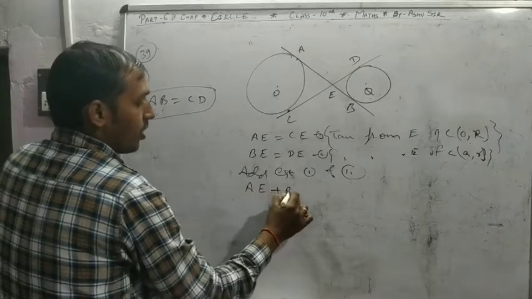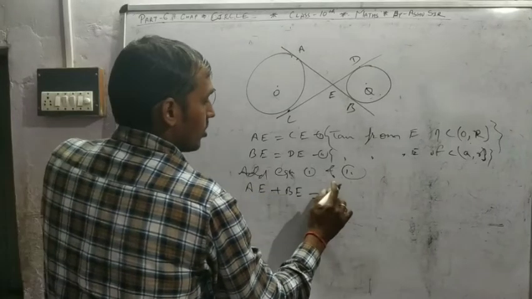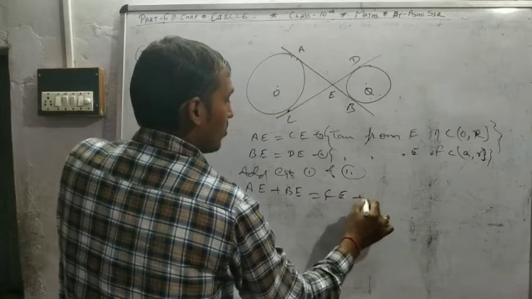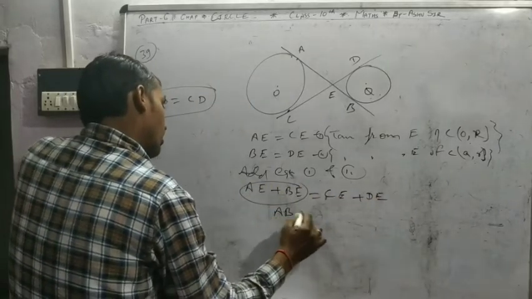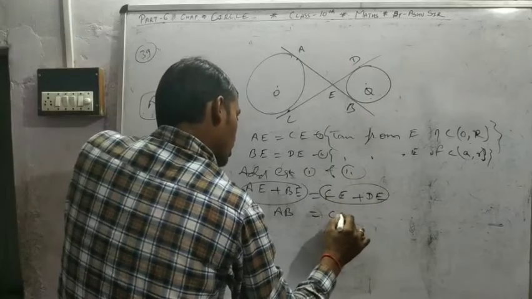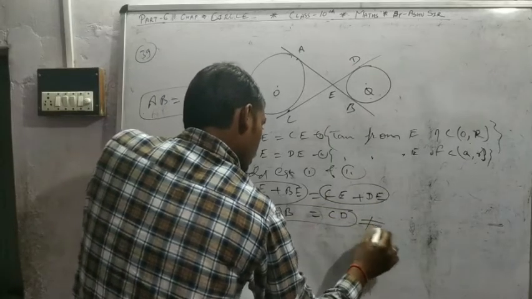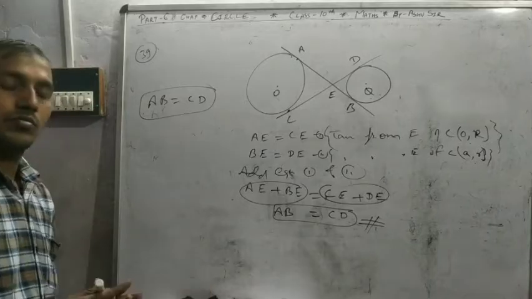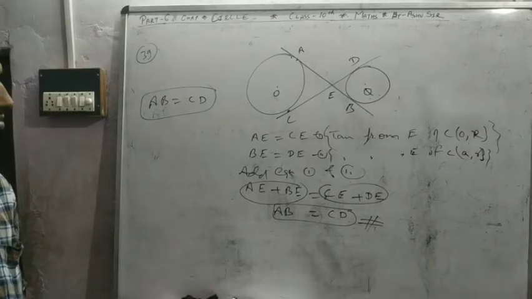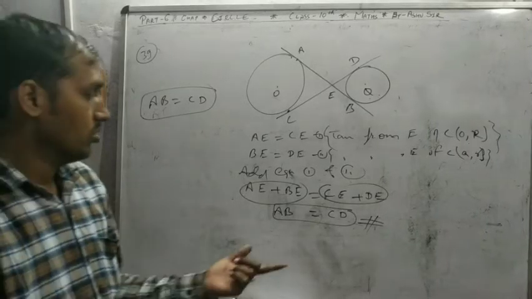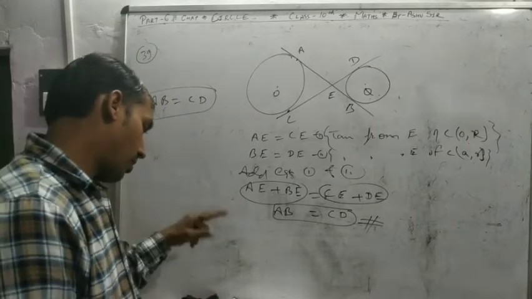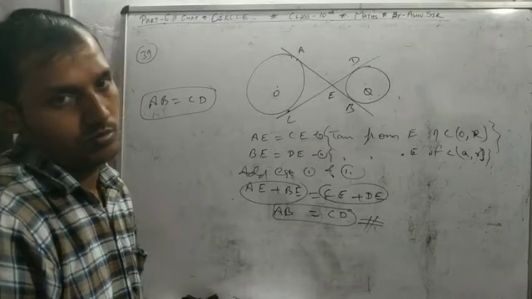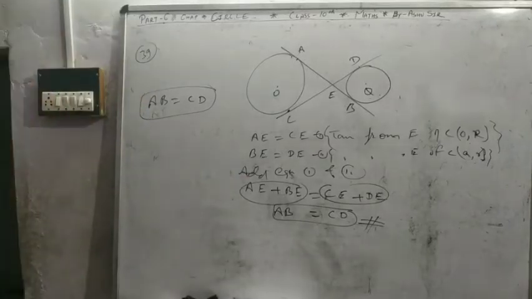So AE plus BE, CE plus DE. What do you get? AB. What do you get? CD. Means similar logic, but in the previous question we subtracted them, here we add them. Okay, pause, note down.